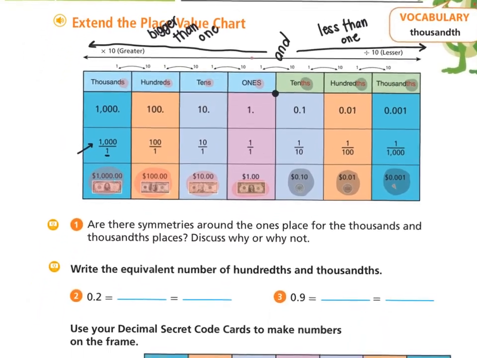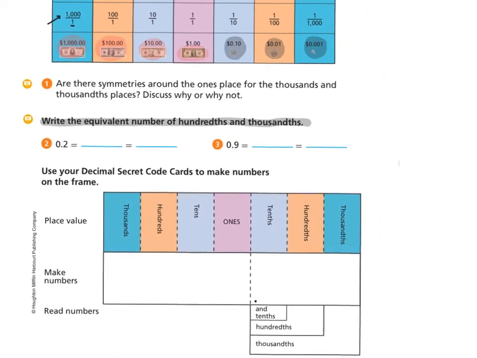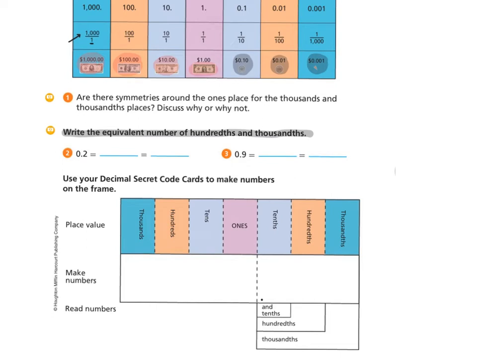So let's move down to 2 and 3. When I'm talking about number 2 and 3, they're asking for equivalent numbers of hundredths and thousandths. Now, when we're making equivalent numbers, moving up into the hundredths and the thousandths, all I need to do is start adding my zeros.